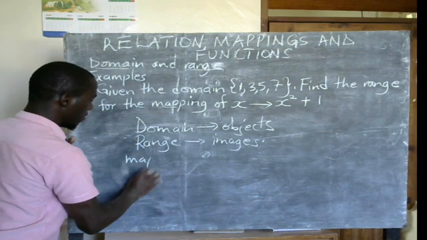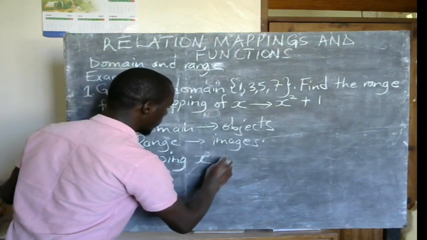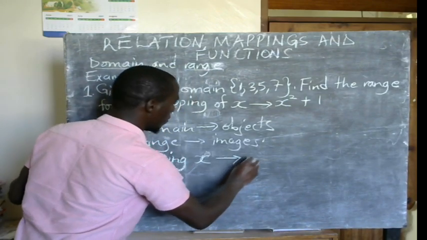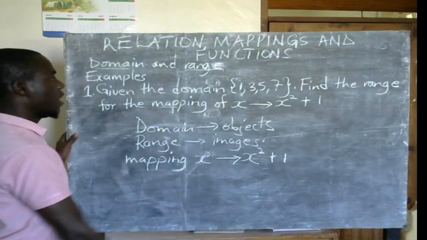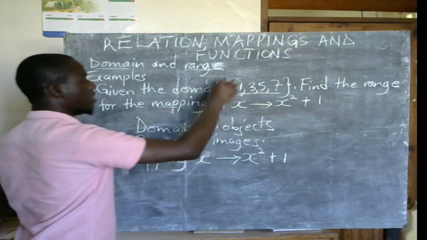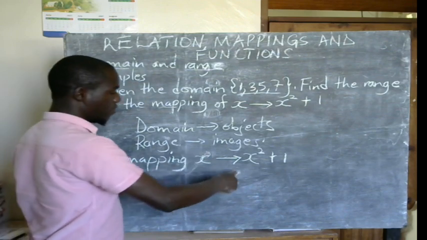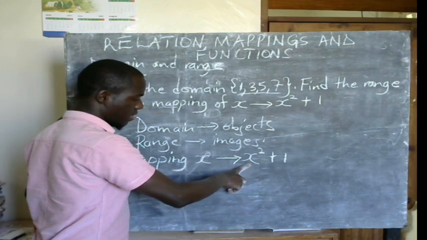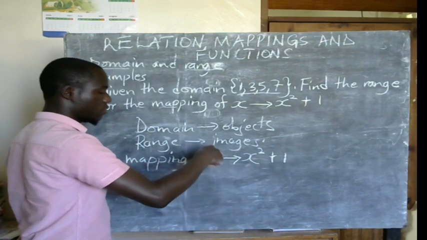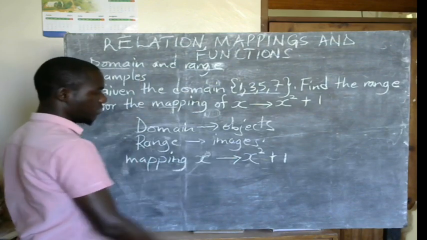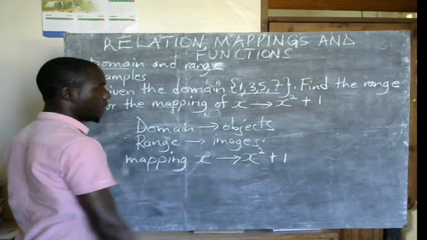Our given mapping is x sending elements of x to x squared plus 1. Every element here we take to be a value of x, then we feed the values of x in there and get the result, which is going to be the image of each value that we feed in.